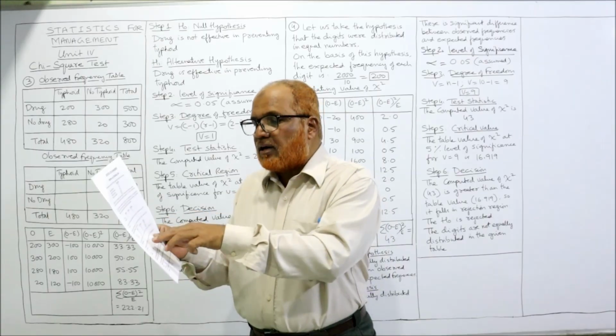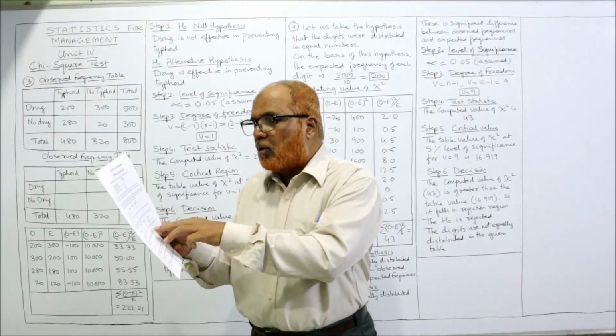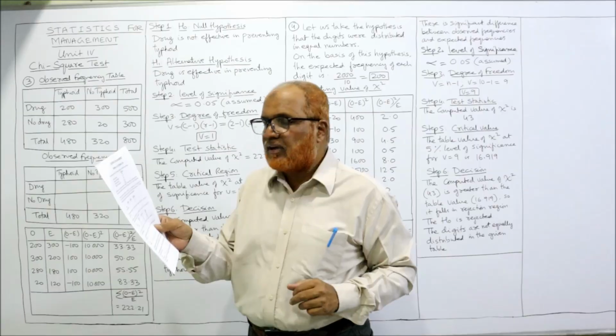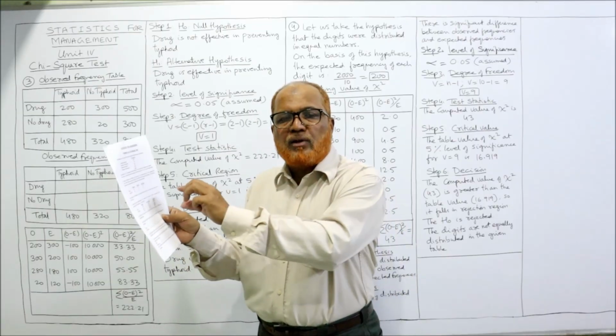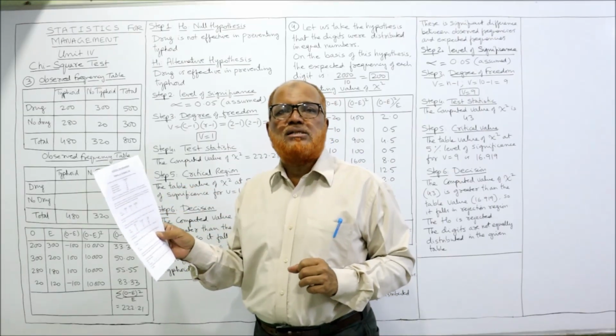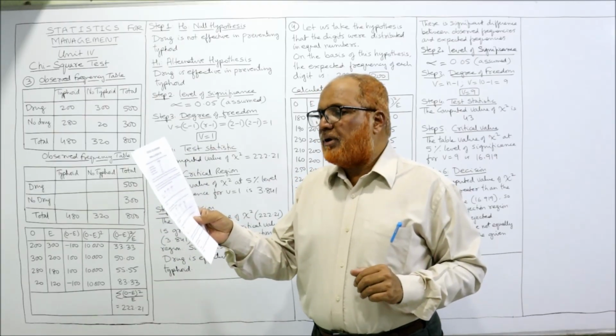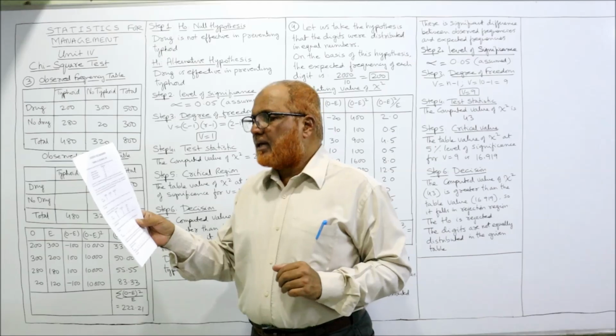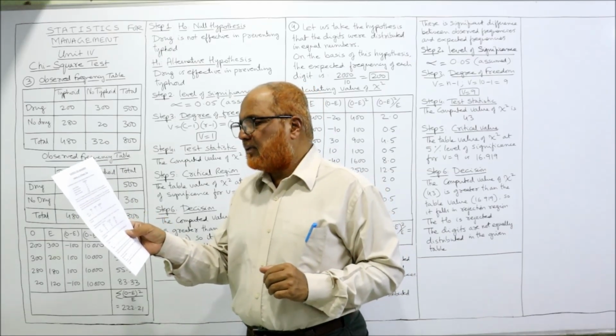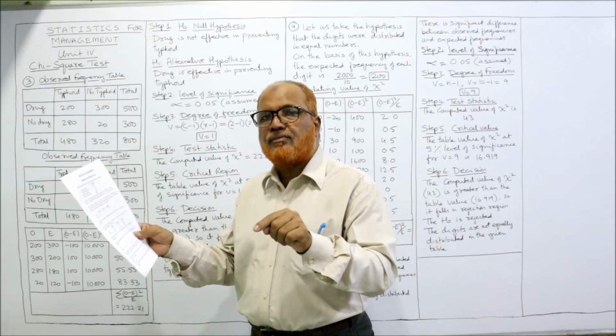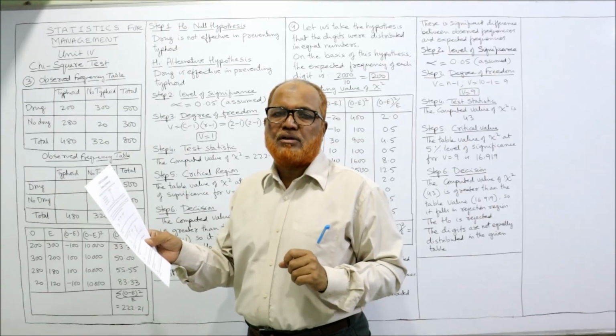The total with typhoid is 480 and without typhoid is 320, out of a total of 800. This 2 by 2 contingency table gives the observed frequencies. On the basis of the above data, can it be concluded that the drug is effective in preventing typhoid?